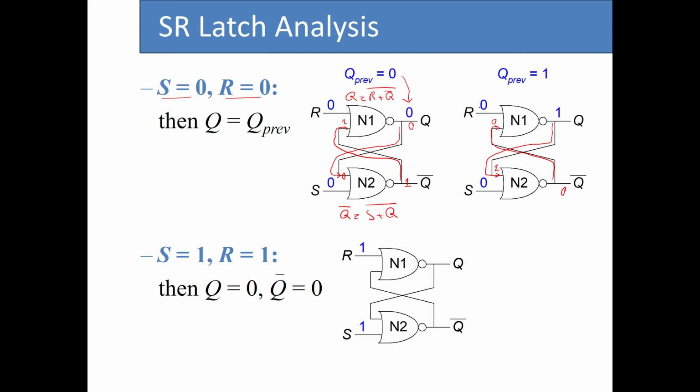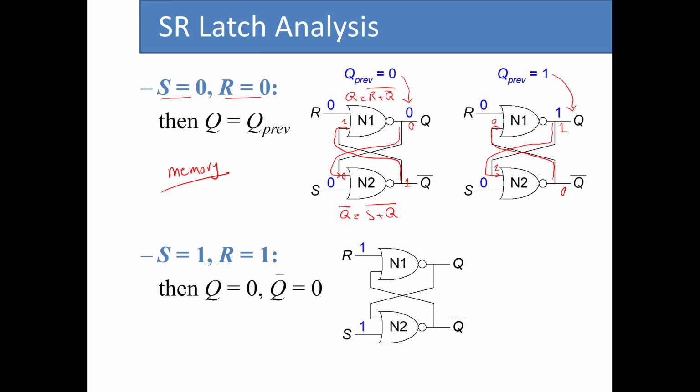So we have now 0 NOR 0, which is going to be 1. As you can see, when R and S are both 0 and the previous value for Q was 1, following the path of the signal, the value for Q remains as 1. So that is what we call the memory functionality for the SR-Latch.